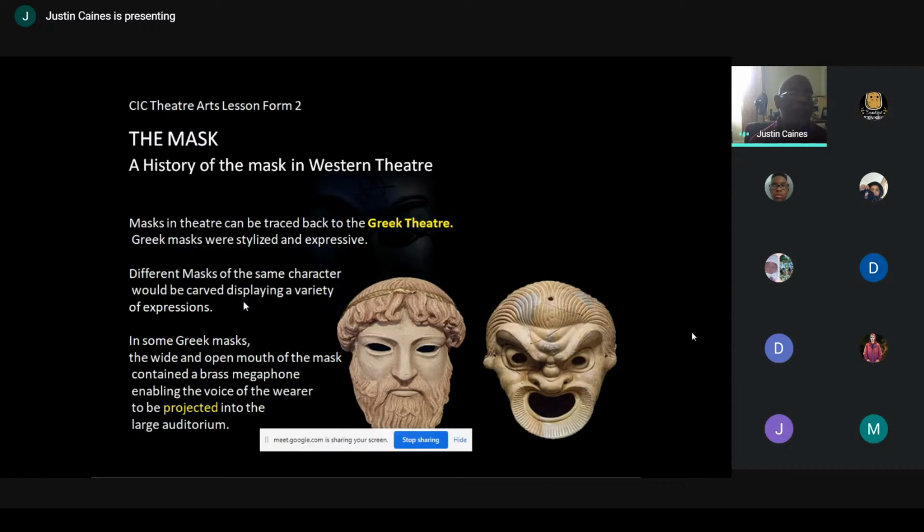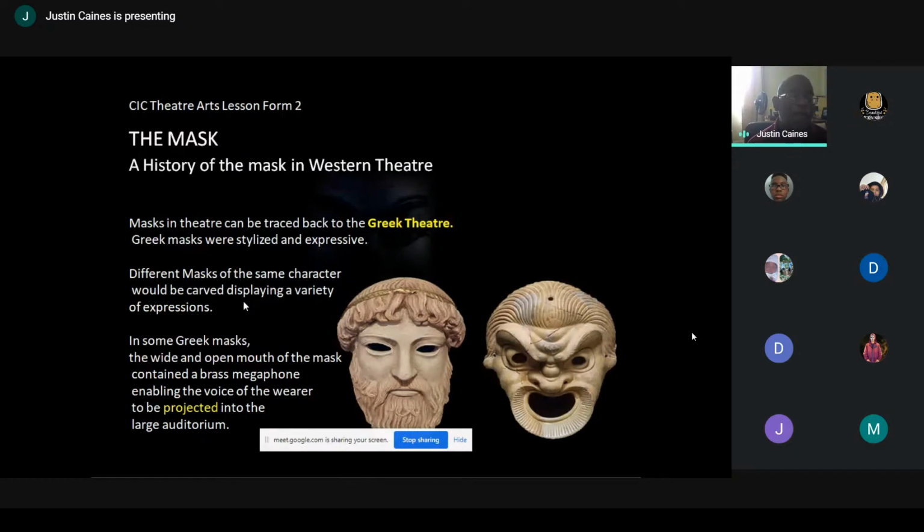Some looked like the ones on the left. And if they wanted to, they could probably carve two different masks. One of the fella looking serious, one of the fella looking sad, one of the fella looking surprised, whatever emotion they wanted to display.